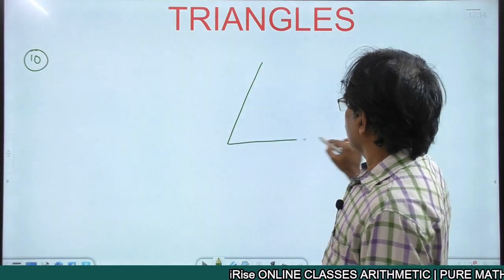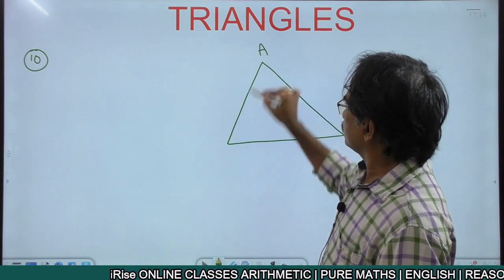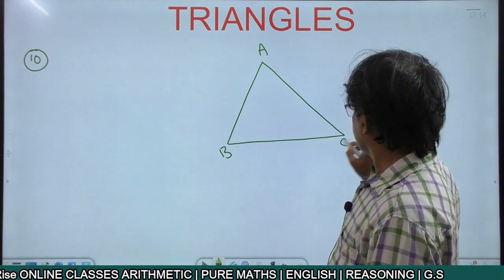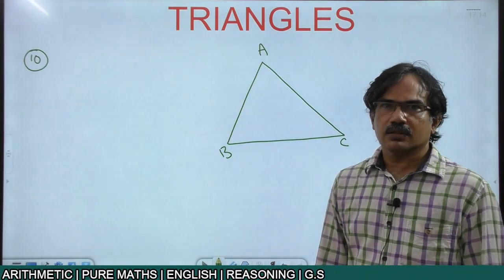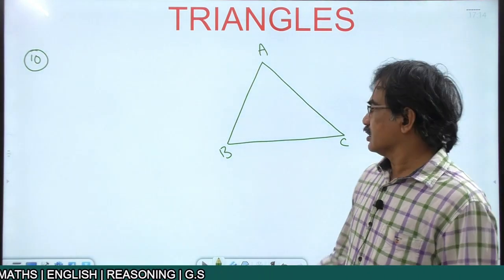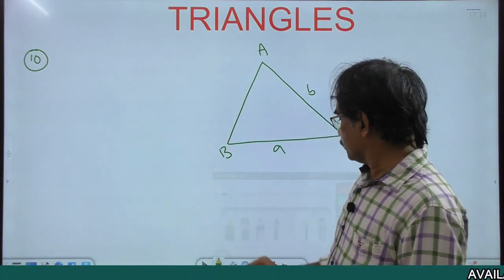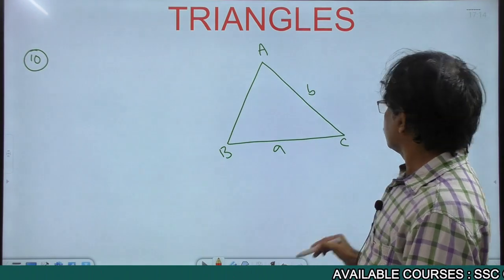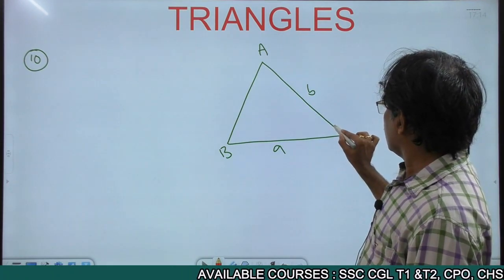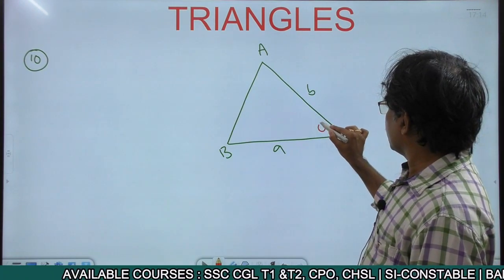This is a triangle ABC. This is small a, this is small b. Let this angle be some theta.